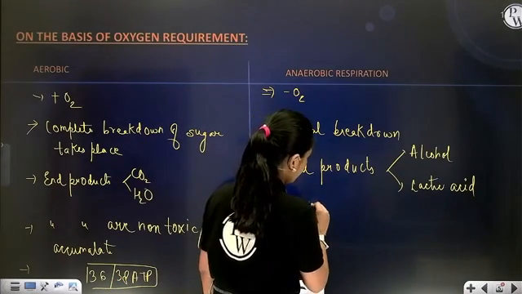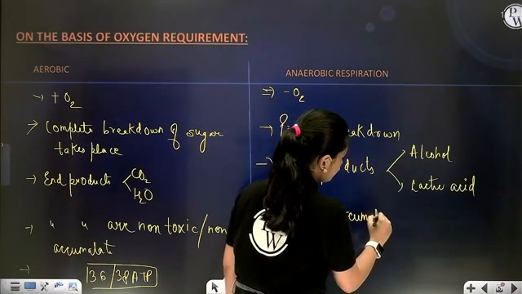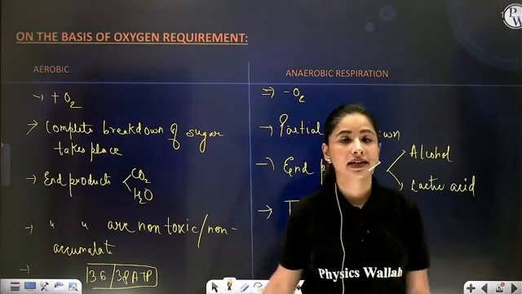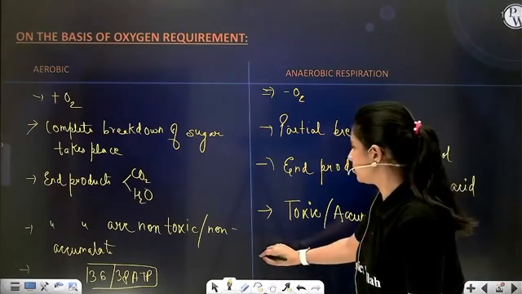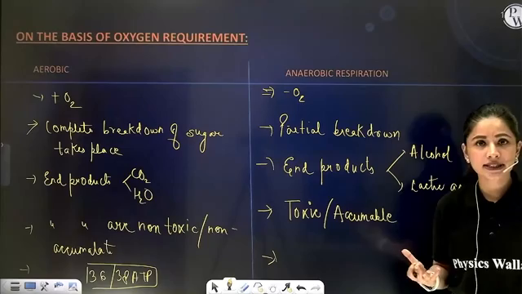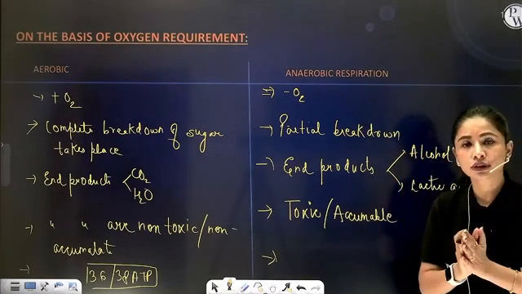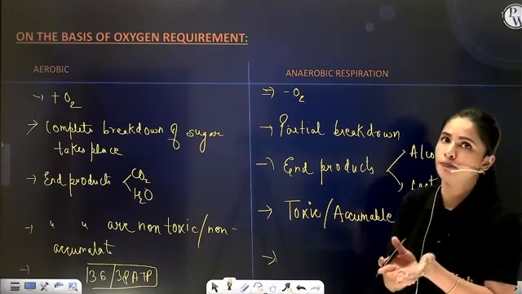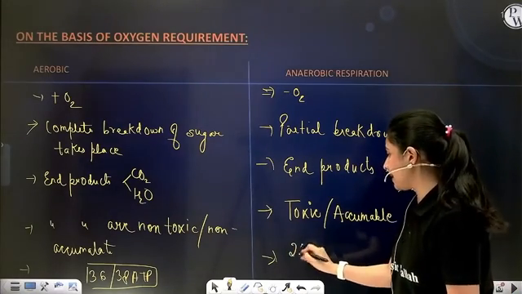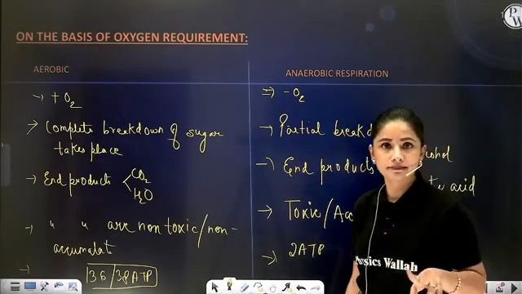So what you should write, they can be toxic as well as accumulable. Now, since there is partial breakdown, obviously fewer bonds are broken down. As a result, the total amount of energy produced also becomes less, which is very less, equivalent to only 2 ATP.